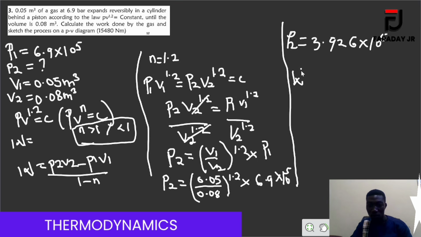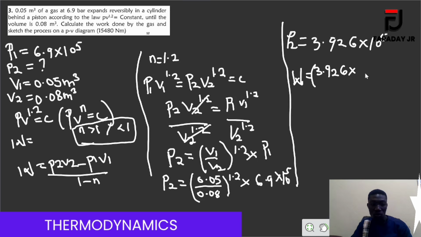So W is equal to, substituting the two values, P2, 3.926, and you can choose to factorize times 10 to the power 5 out.